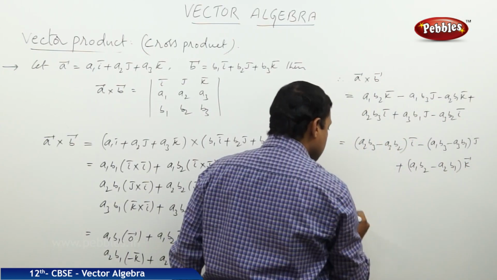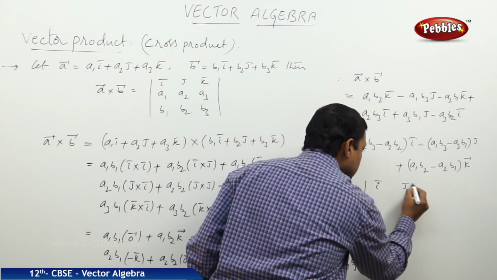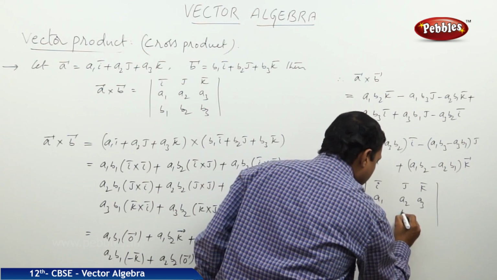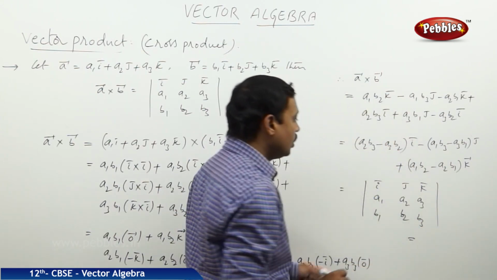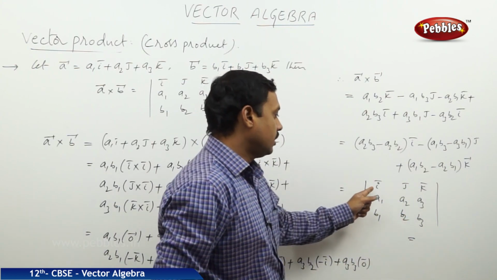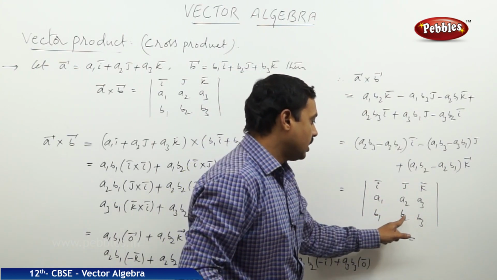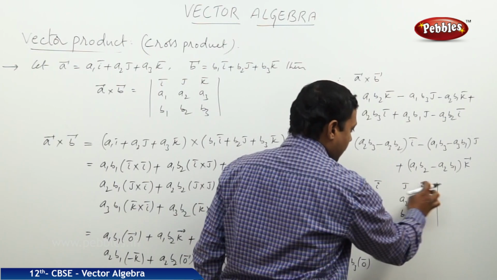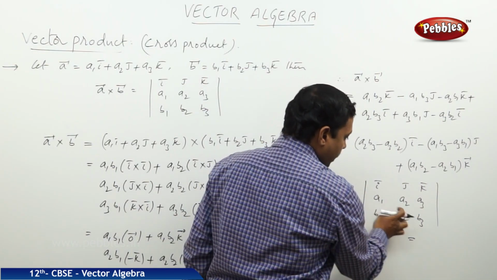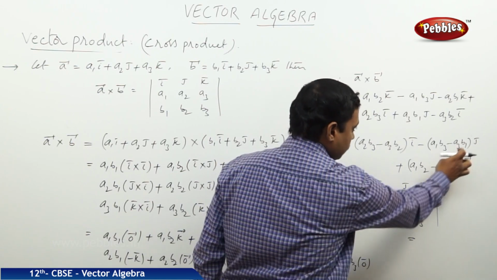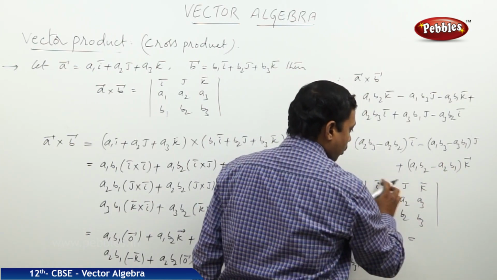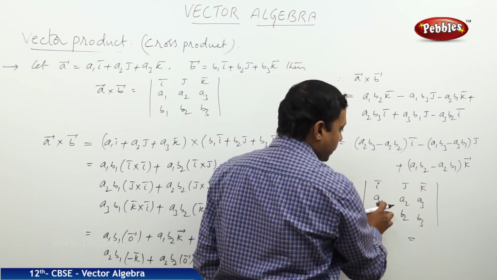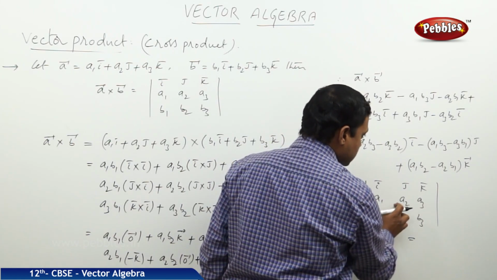You know, this is the expansion of the determinant i, j, k, A1, A2, A3, B1, B2, B3. So when we expand this 3 by 3 determinant, it is i into (A2 B3 minus B2 A3). Yes, it is there. Minus j into, deleting the corresponding row and column, (A1 B3 minus A3 B1). Yes, that is there. Plus k into, deleting the corresponding row and column, we have the 2 by 2 matrix. Now find the determinant of that matrix, that is A1 B2 minus A2 B1.